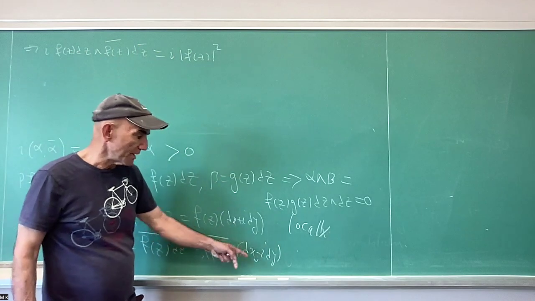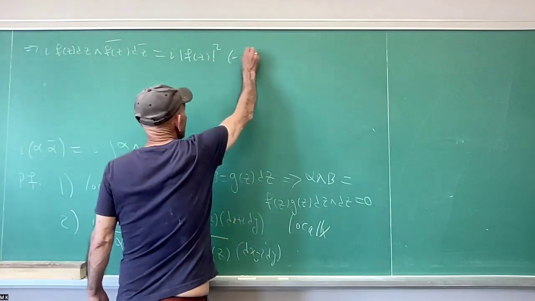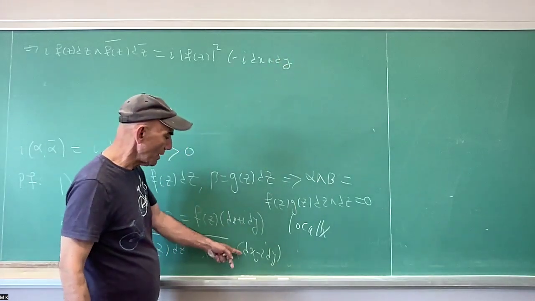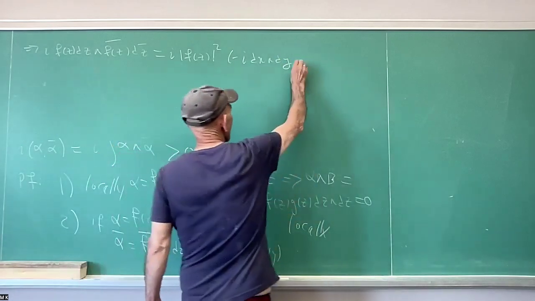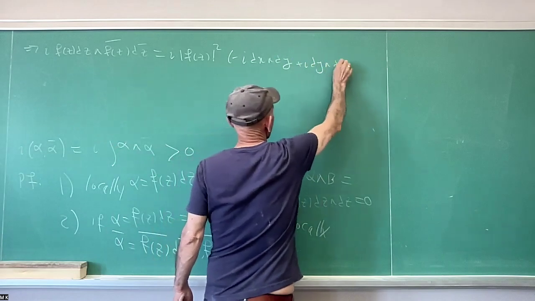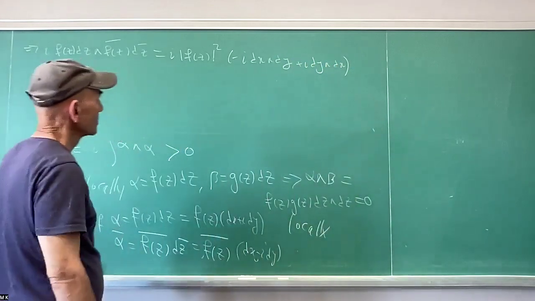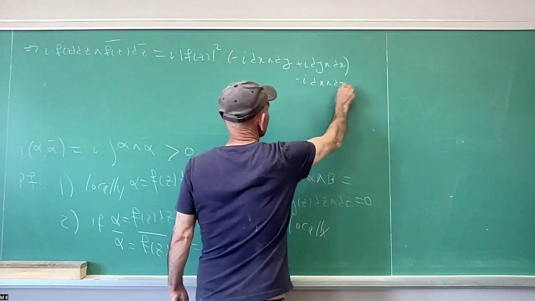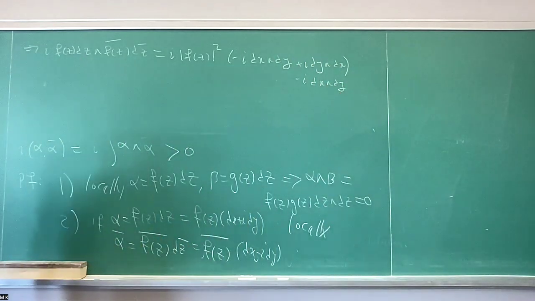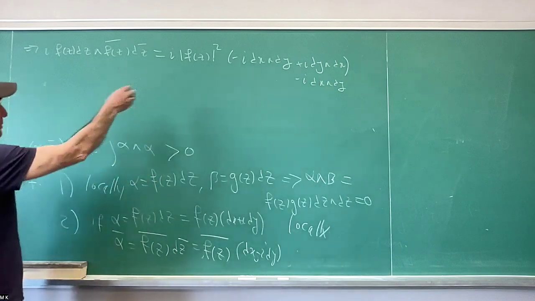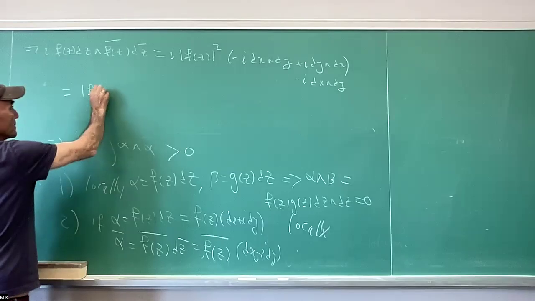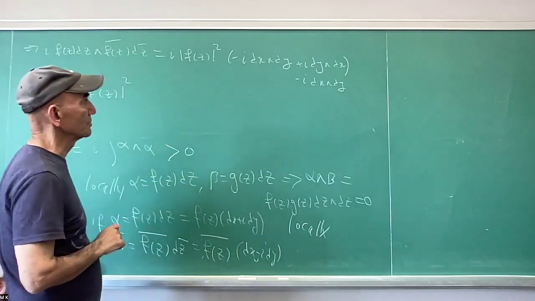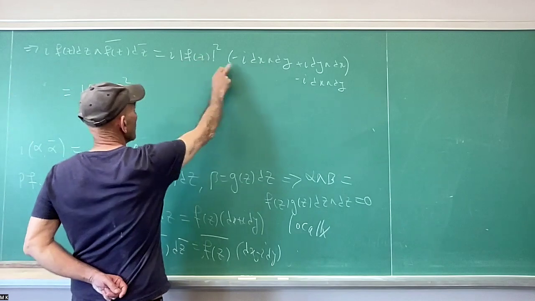You get minus i dx wedge dy, and then you get i dy wedge dx, which is again minus i dx wedge dy. So that comes out to be equal to absolute value of f of z squared times, in that local coordinate, dx wedge dy, because i squared is minus 1 and minus times minus is plus 1.